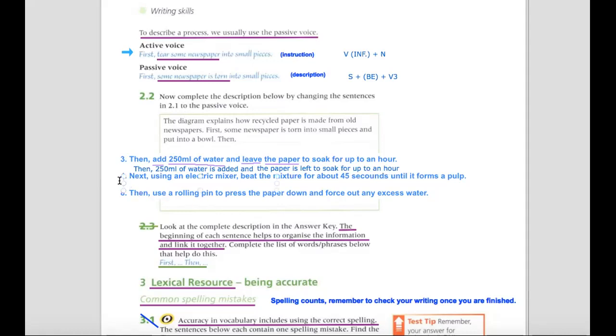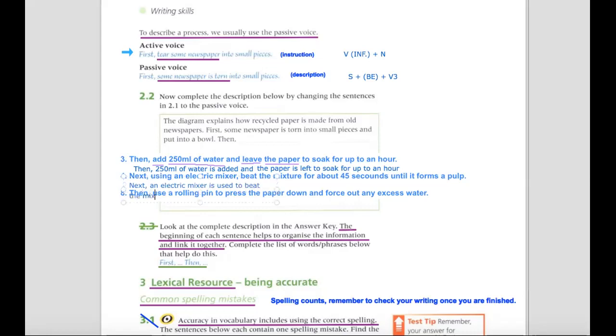So we start with "next." Now our subject is electric mixer. We start with "an." A verb is used. Okay, now we can use to infinitive.